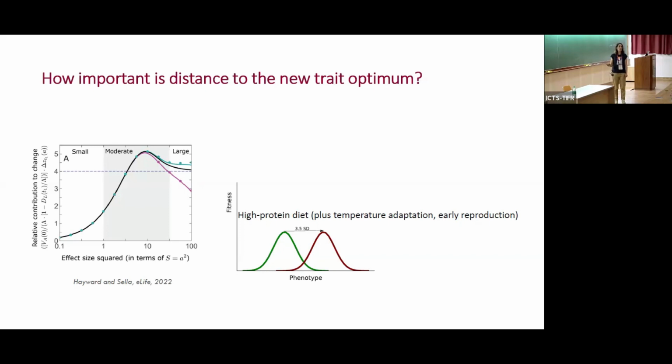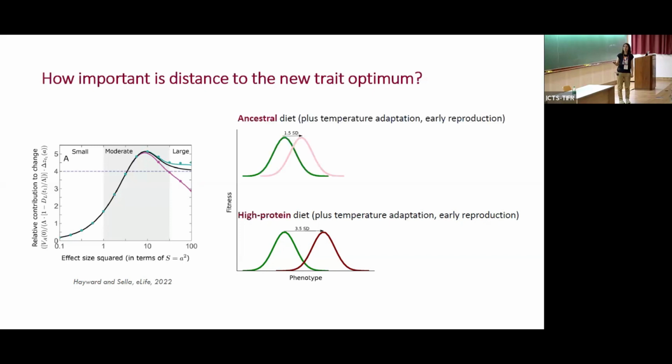How can we manipulate this and make it less or more, this distance to this new trait optimum? What we could do is keep temperature adaptation and early reproduction constant and not change the diet. If we keep them in the ancestral diet, it would be hand waving, as if the distance to this new trait optimum was actually less.